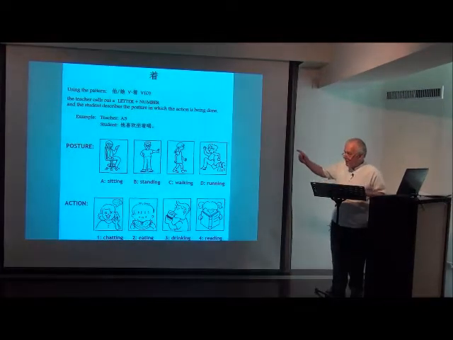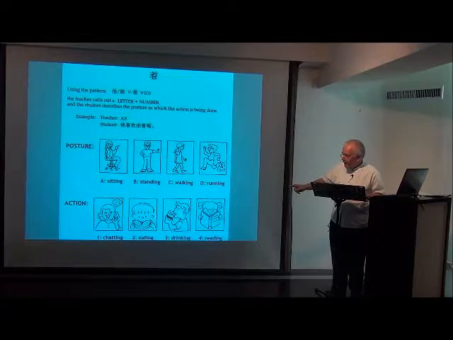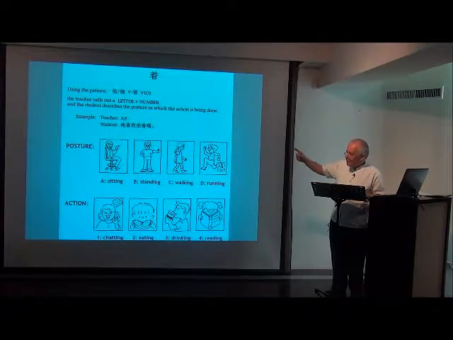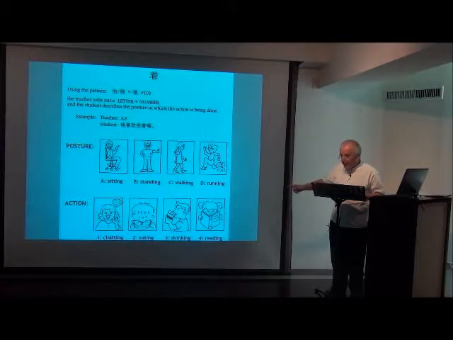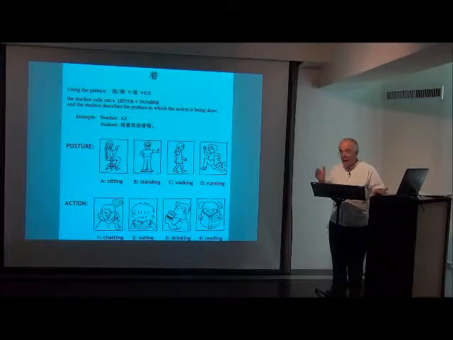And so one way to practice it, if the teacher says, as the example, A3, and the student says 他喜欢坐着喝, or you could have C4 走着看书, so this indicates the posture or manner in which an activity is being carried out. So that's 在 action in progress and 着 an ongoing state.